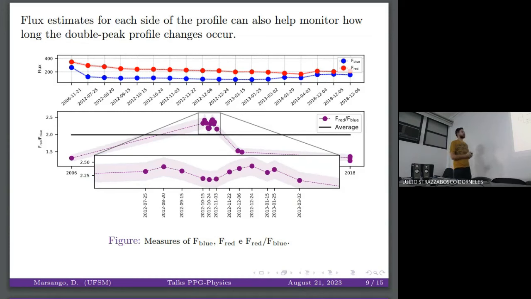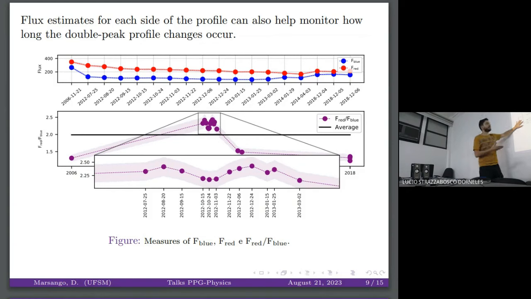The measures of the flux of the double peak profile help understand the time-scale variation of the double peak profile. In this work, it's possible to identify two scales of variation. One is long, when comparing surveys separated by many years, for example 2006, 2012, 2008, where F red and F blue have different behavior.